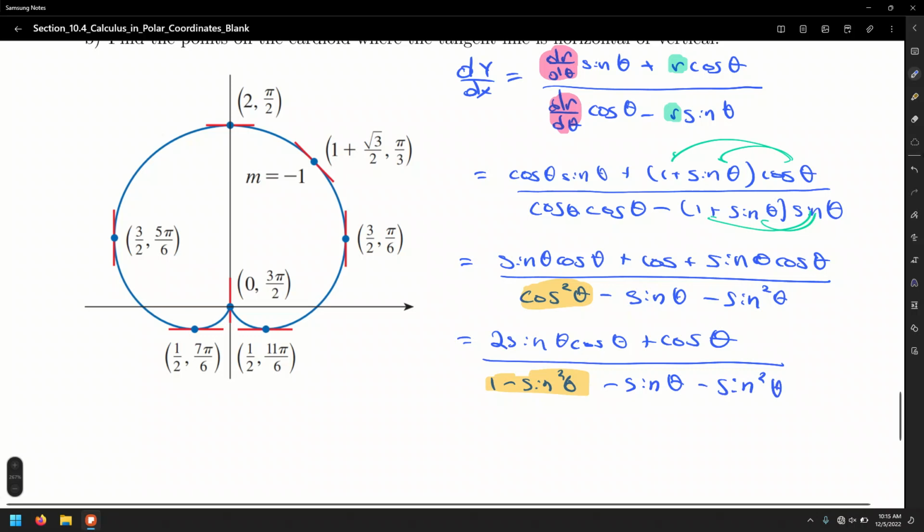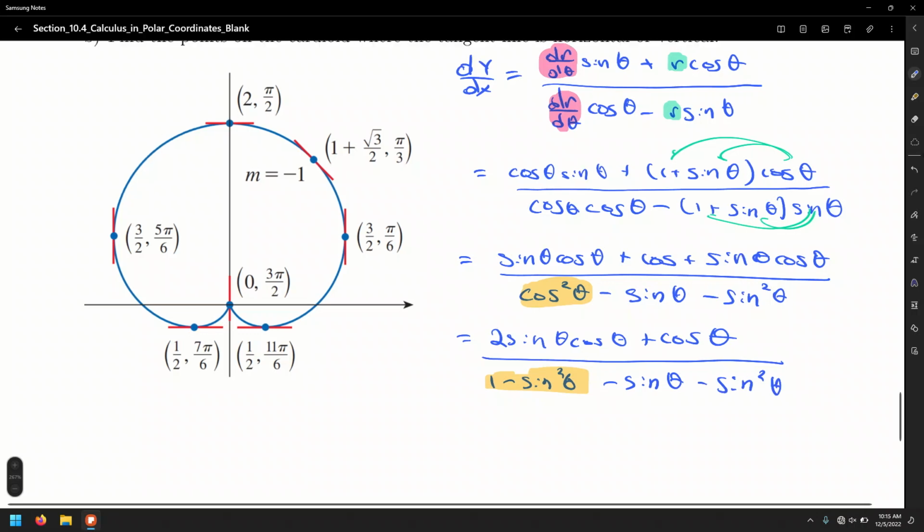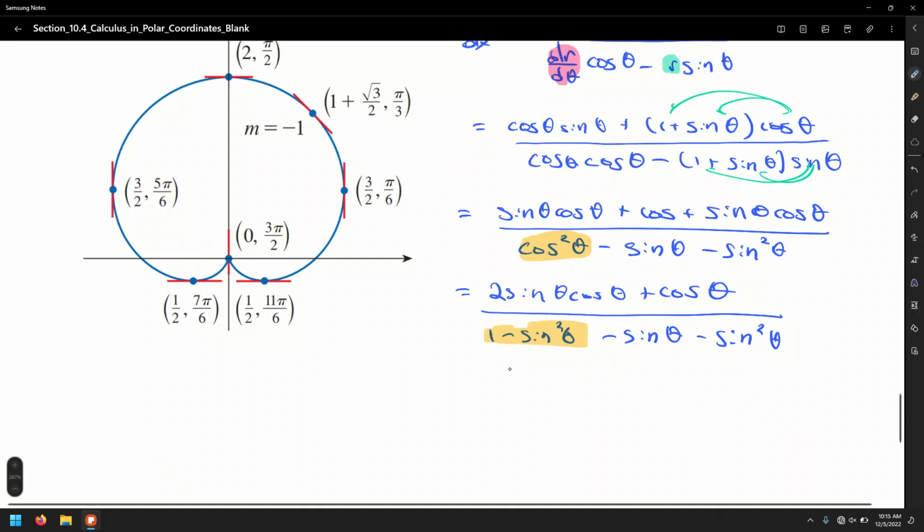All right. And then from here, let's just combine like terms. That's going to be 2 sine theta cosine theta plus cosine in the numerator. And in the denominator, that's negative 2 sine squared theta minus sine theta plus 1.